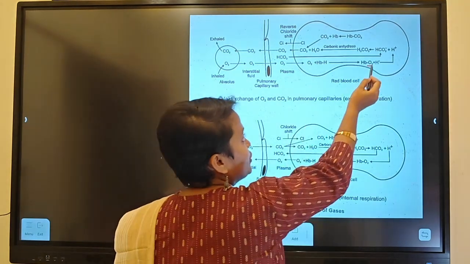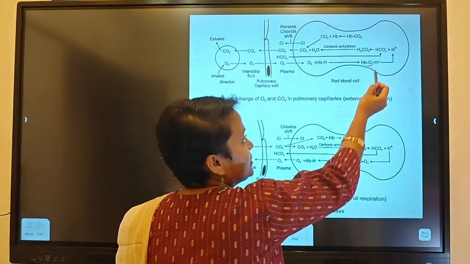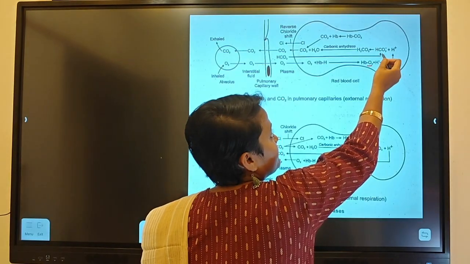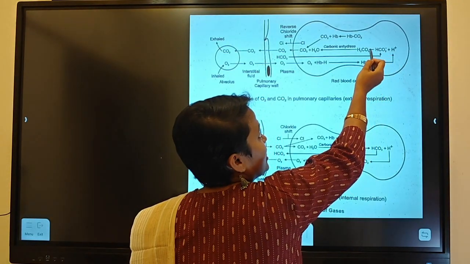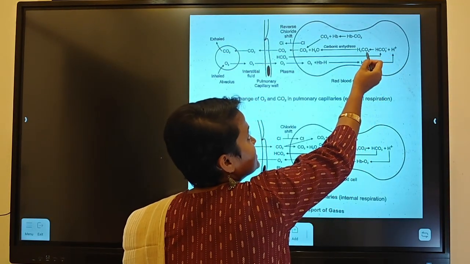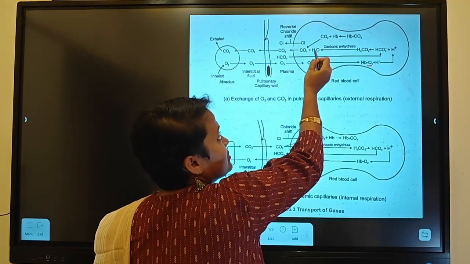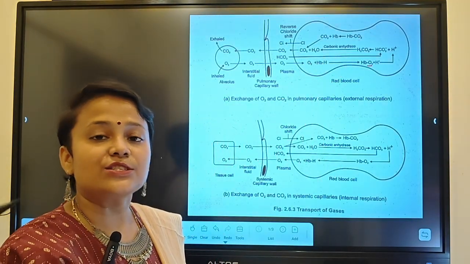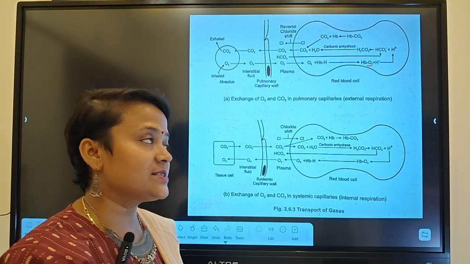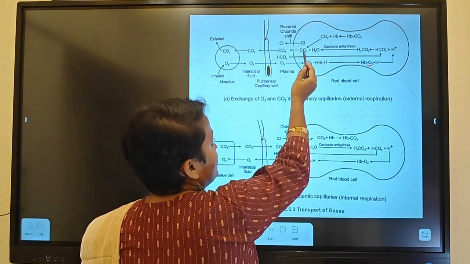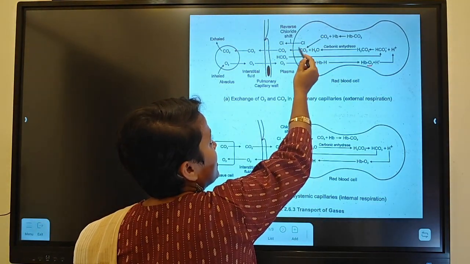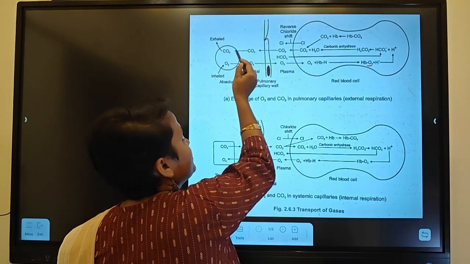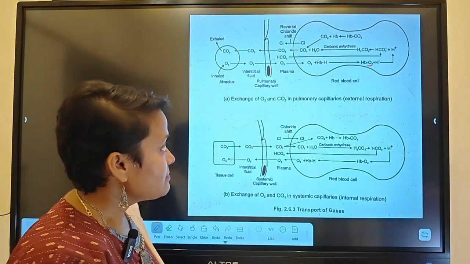When oxyhemoglobin is formed, a proton will be formed, and this proton will react with bicarbonate to make carbonic acid, and carbonic acid will make carbon dioxide and water by carbonic anhydrase. As I told, the reaction will go in the opposite direction. After production of carbon dioxide, it will come out and go to the lungs.